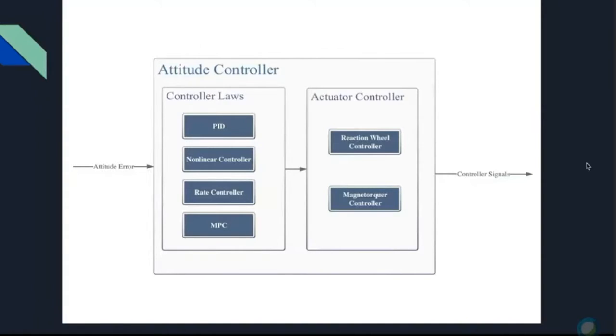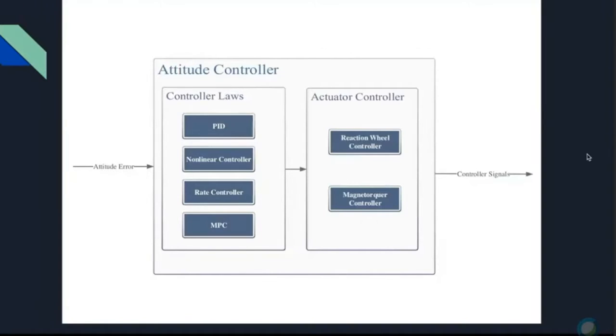To achieve this purpose, first, this subsystem should calculate the required torque for the satellite to be able to follow the target attitude. And second, it should convert the calculated torque to an equivalent input signal for each actuator, the actuators being the reaction wheel and the magnetorquer. For example, this subsystem should provide the required angular rate and acceleration for the reaction wheel in order to create the required torque.